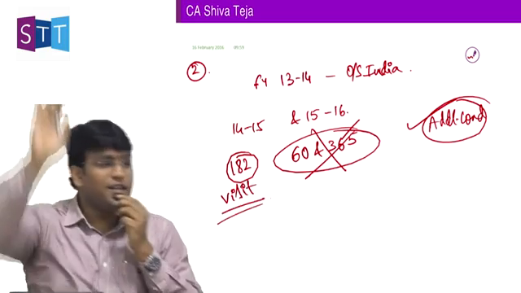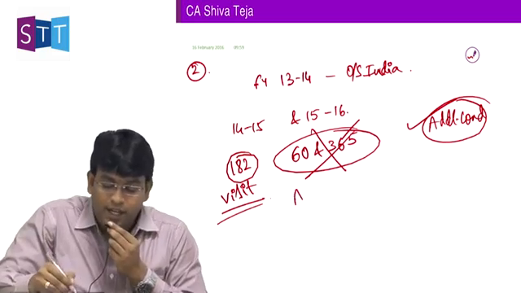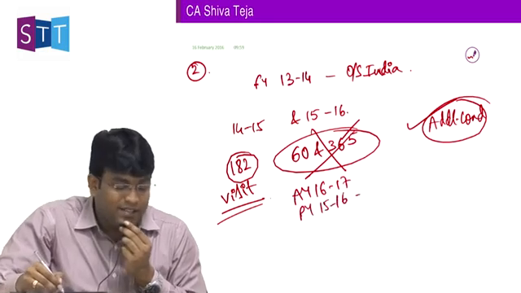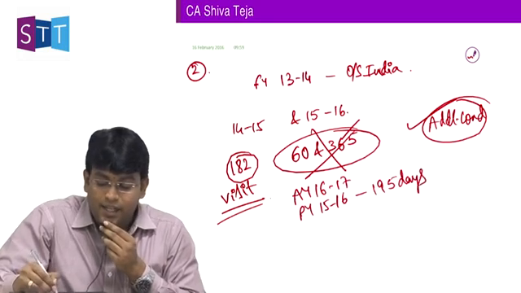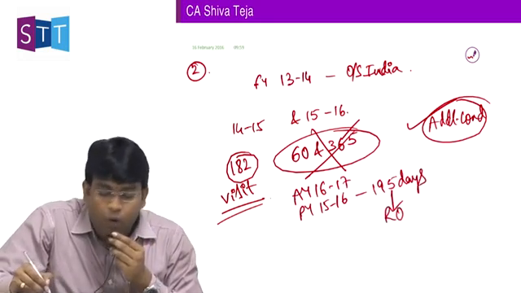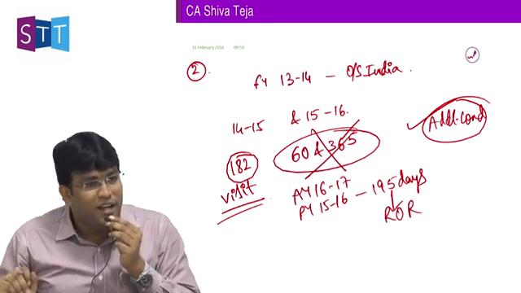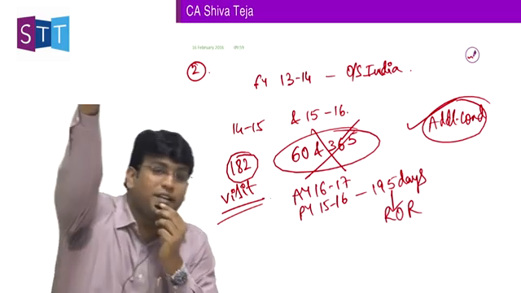What did the question ask? Find out the status for assessment year 16-17. What is the previous year? 15-16. How many days has he come? 195 days. What is the answer then? Straight away the answer will be ROR. 182 satisfied. Additional satisfied because he was never out of India before October 10, 2013.